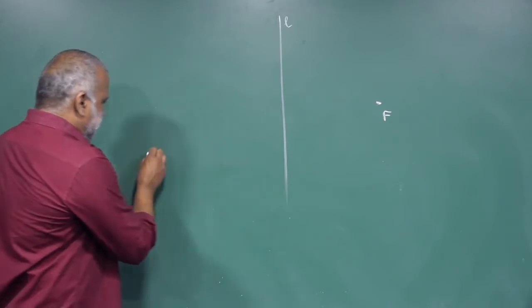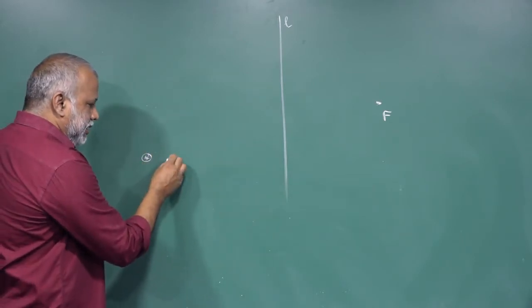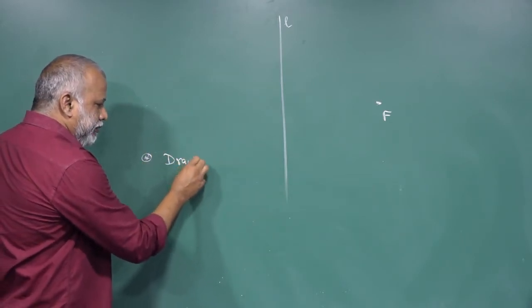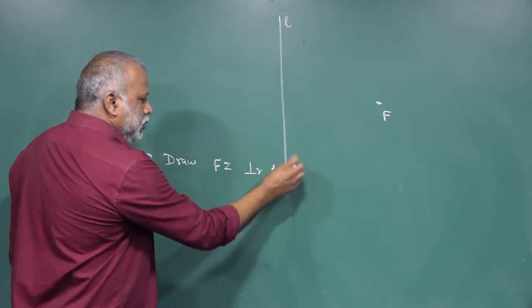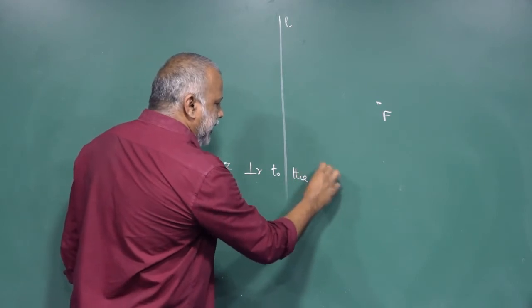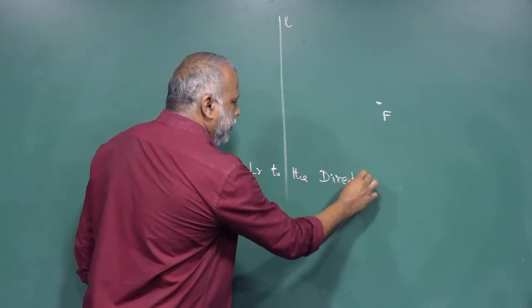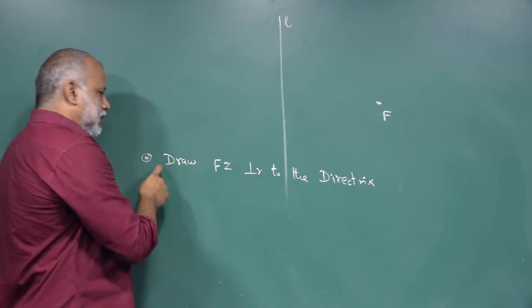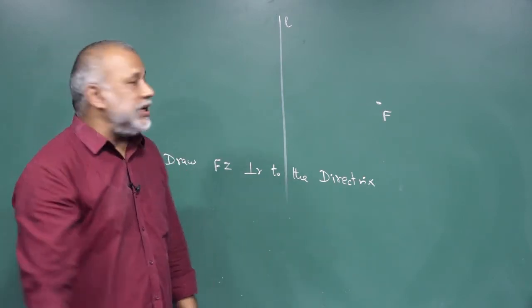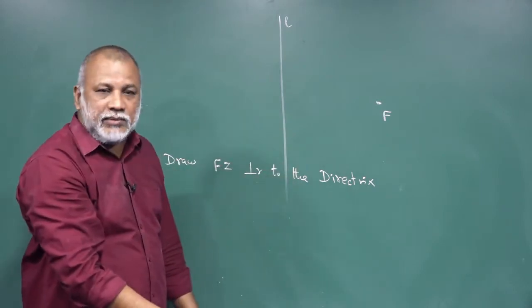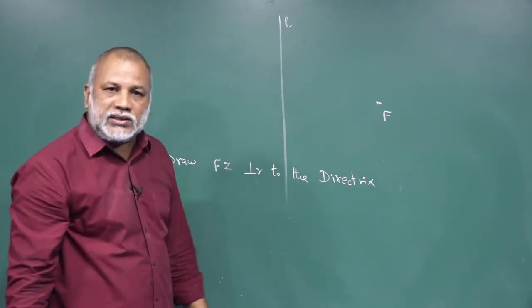Now, see the next explanation. Draw FZ perpendicular to the directrix L. See this word? Draw FZ perpendicular to the directrix L. We already worked out the directrix L. F is the focus, that is a fixed point.